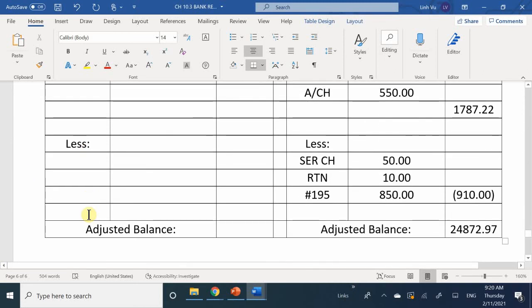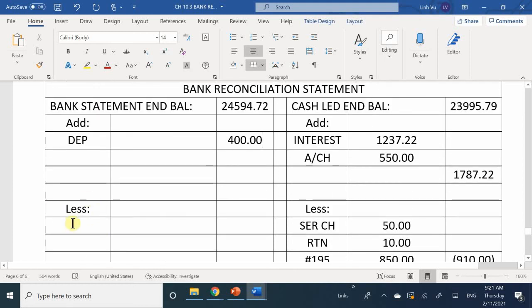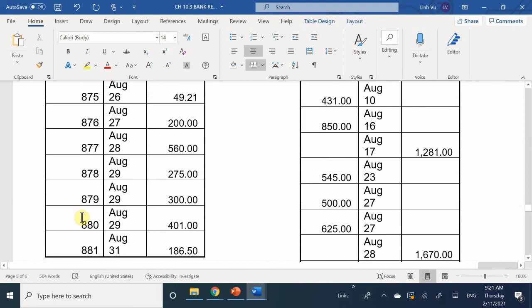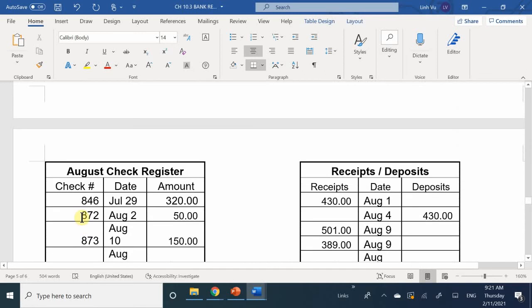So then what is next? I have to see how many checks haven't cleared yet, right? So let's take a look at my check register.